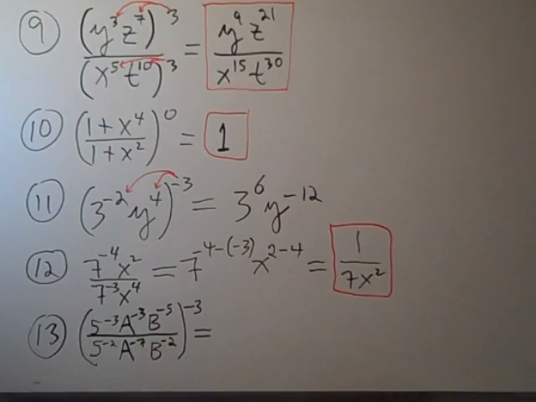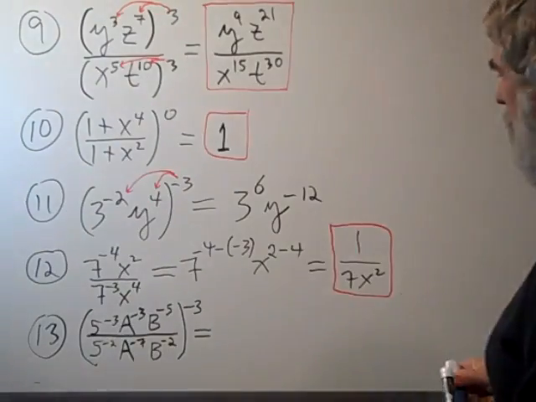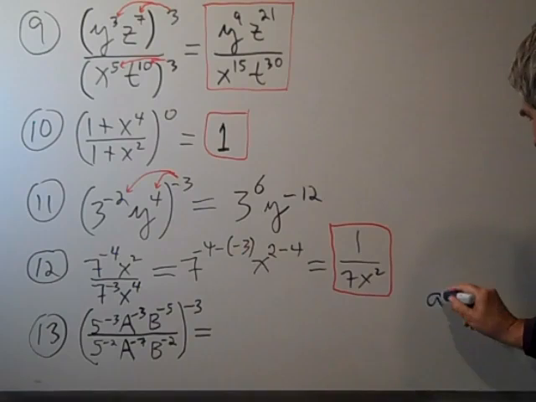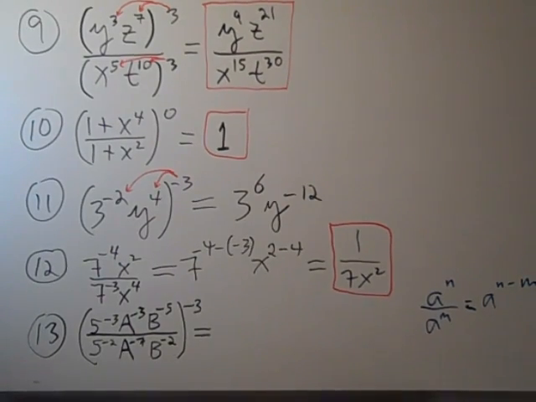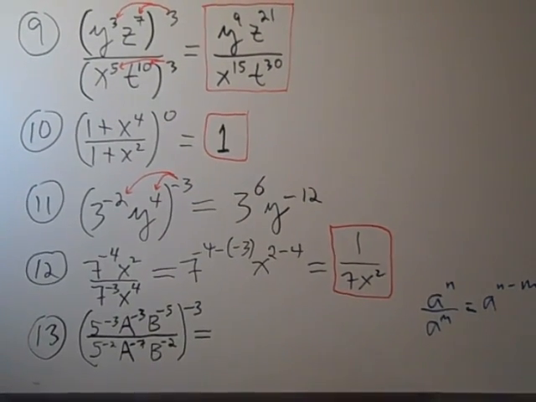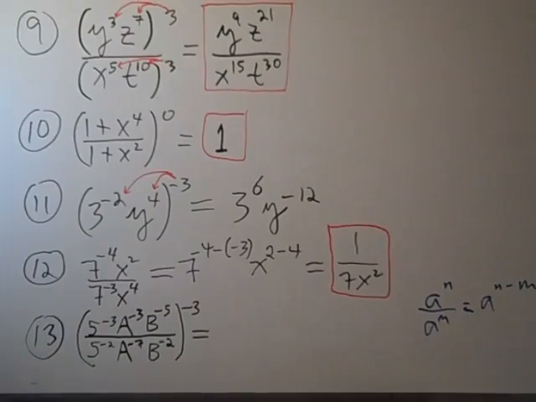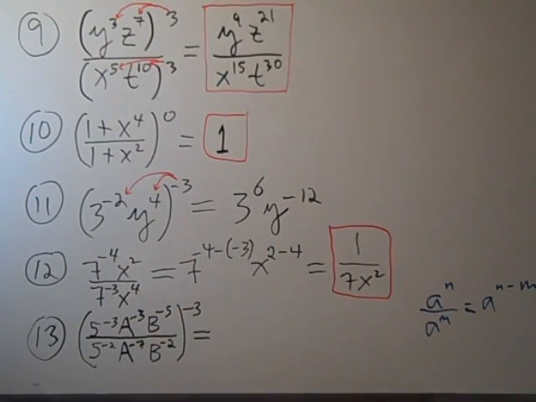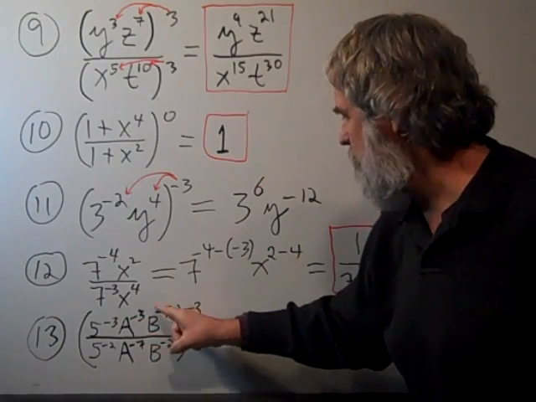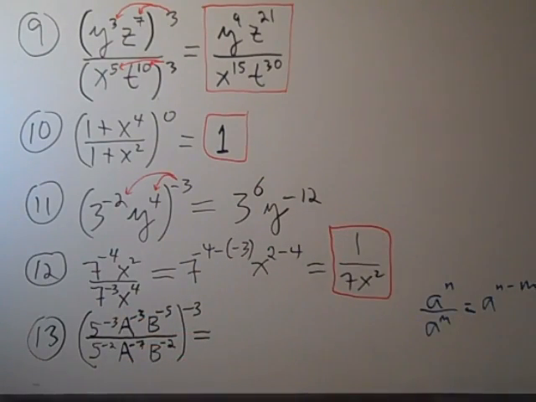Okay, for this last problem, we're again going to use that nice property that a to the n divided by a to the mth is equal to a to the n minus mth power. We're going to use this once for the 5s, once for the a's, and once for the b's.